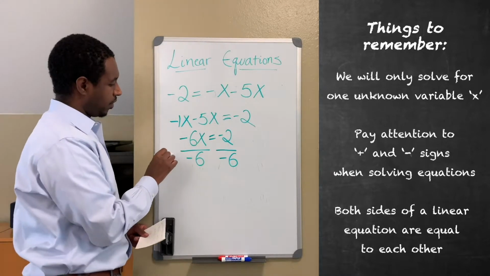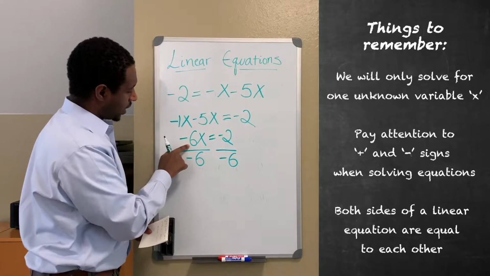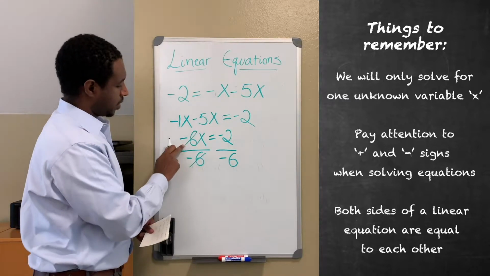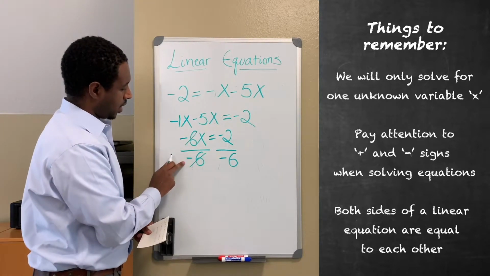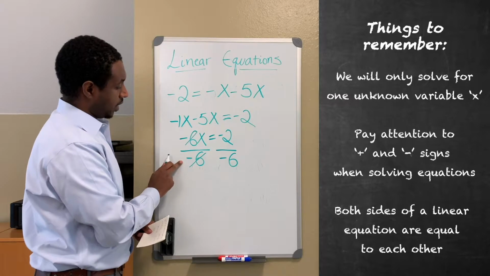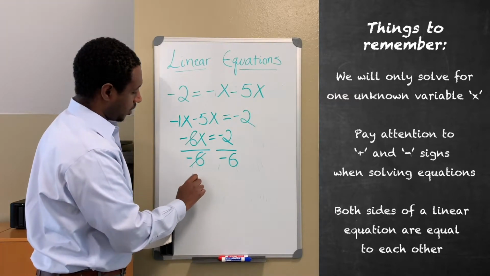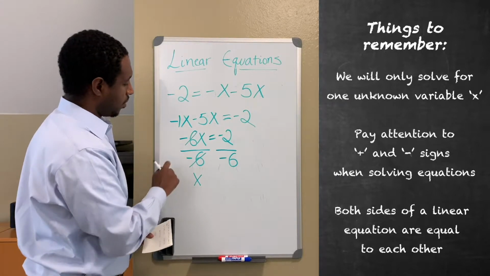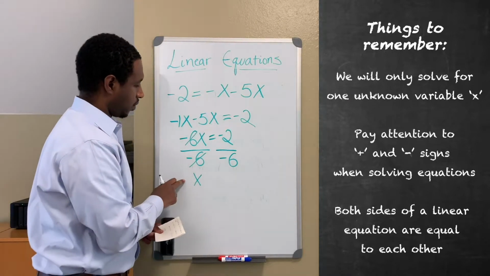So notice a couple of things here. We have a minus 6, we have a minus 6. Those two cancel out because they're the same things, and the same numbers divided will give us a 1, which is essentially an x. A number divided by itself is just going to be a 1.